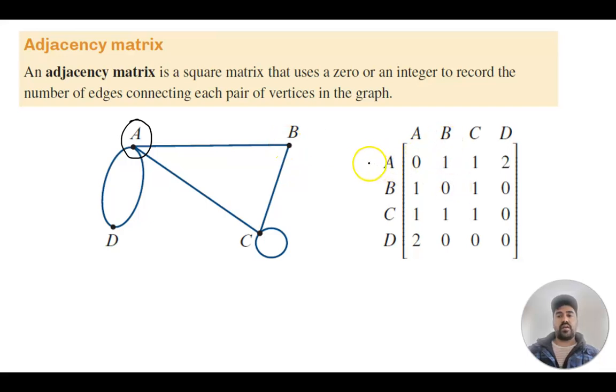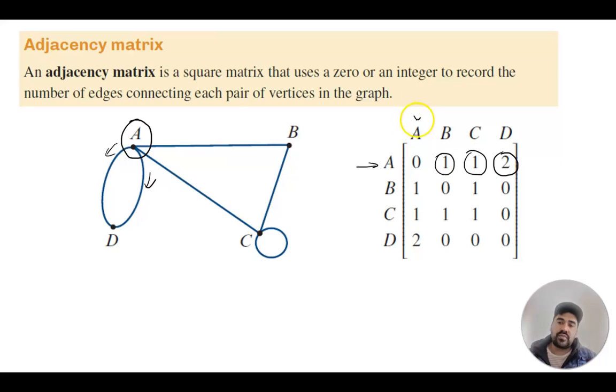So A to B, there's 1. A to C, there's 1 connection. And A to D, there are 2. So when you represent this in a matrix, you're going to have 0, because A doesn't loop to itself, 1, 1, and 2.